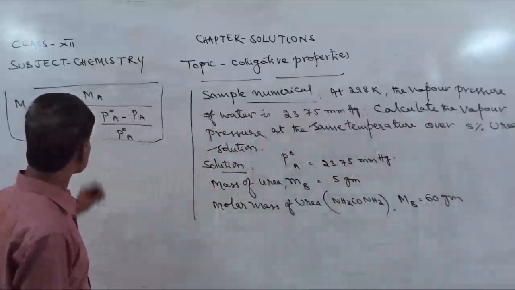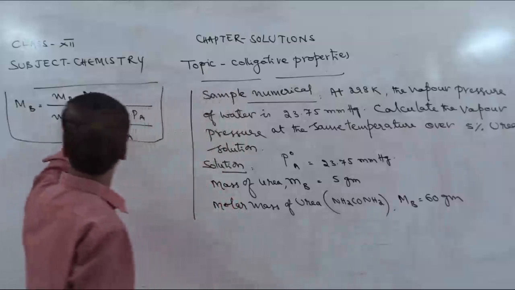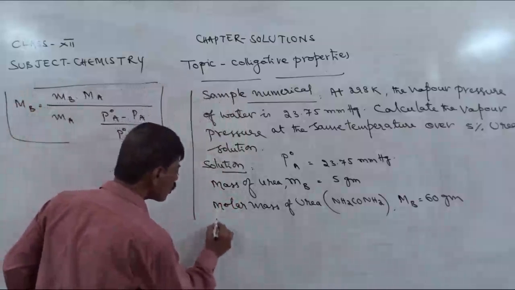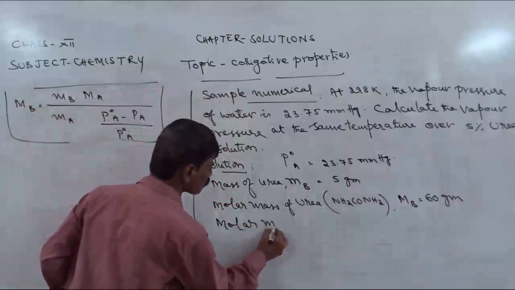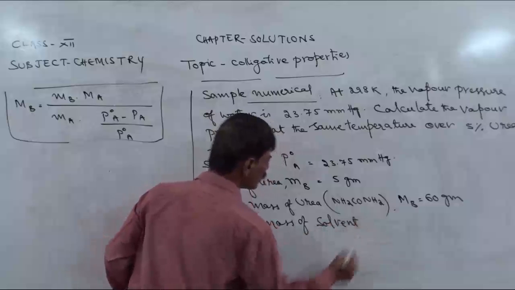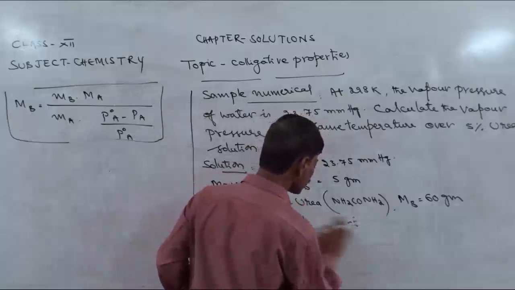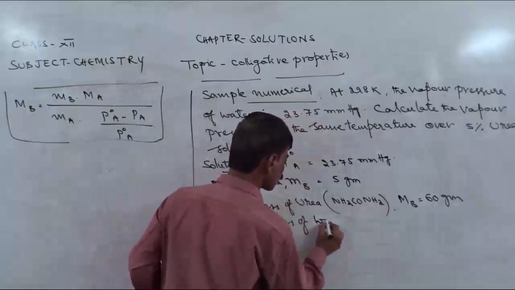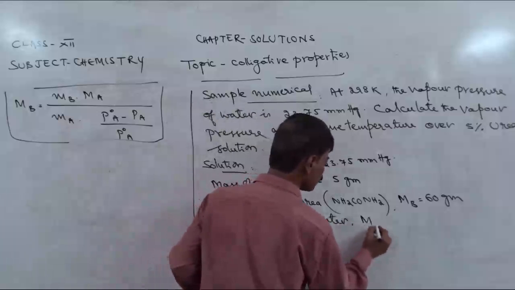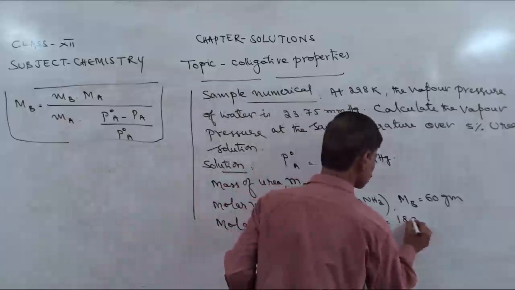Right. Next is molar mass of solvent, that is capital MA. Solvent here is water. So let me write directly water instead of solvent. Water, that is capital MA, is equal to 18 grams.